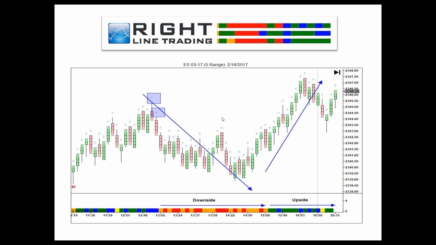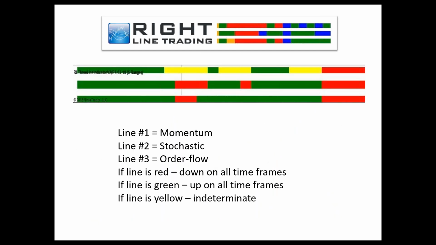Before I do this, what I want to tell you is this: the algorithm in the indicator automatically determines your 2 higher time frames. If you're trading at 3-minute, it looks at the 9-minute, a chart that's 3 times longer, and then a chart that's 3 times longer still, 9 and 27-minute.